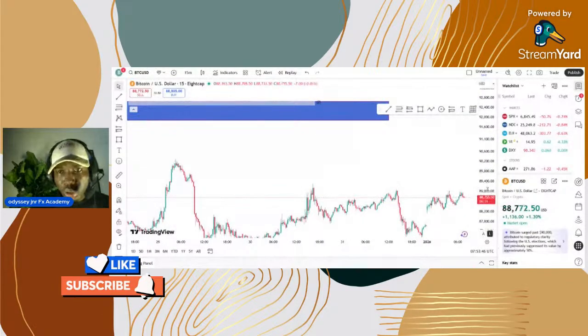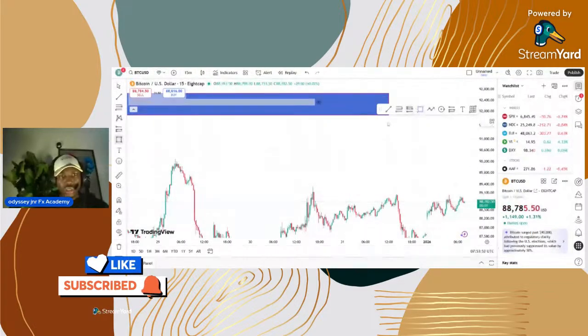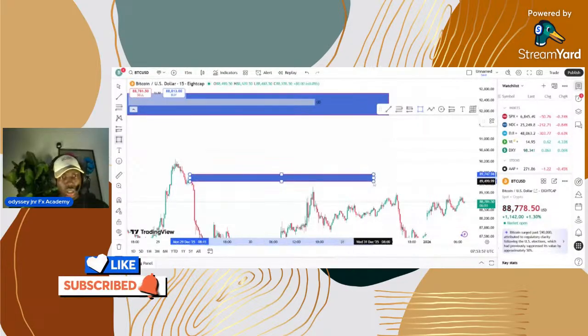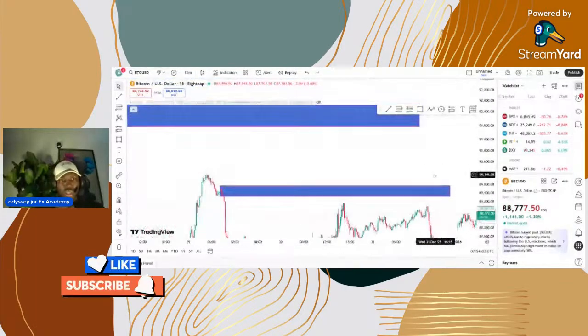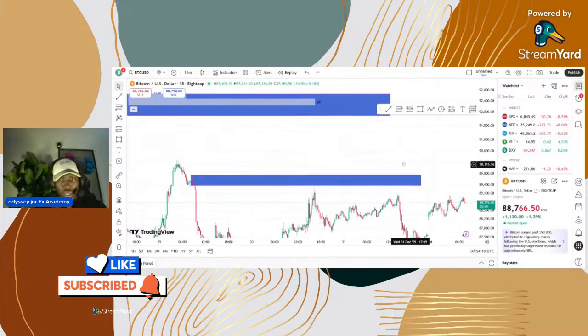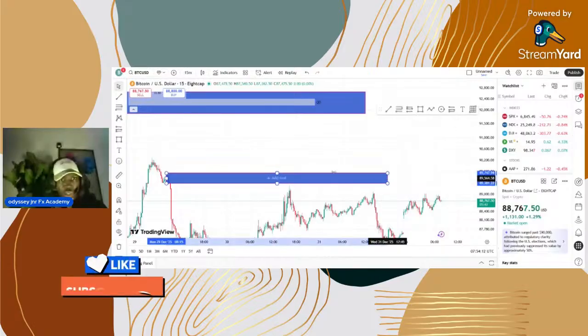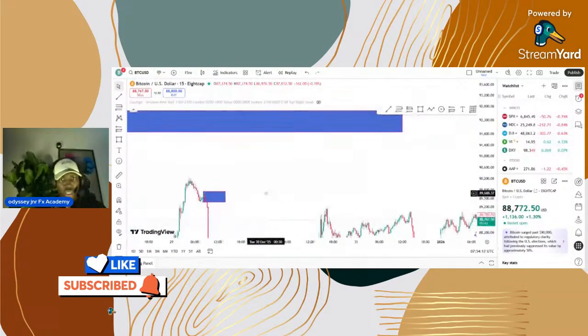And we still have another order block here that's still valid. But I think from experience, this order block might serve as a liquidity.